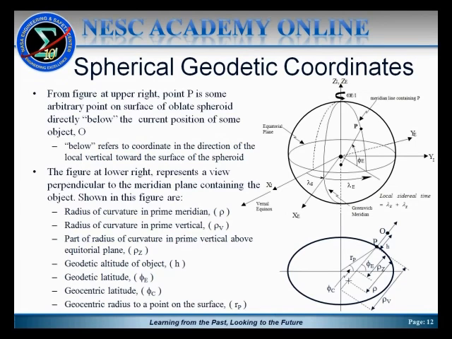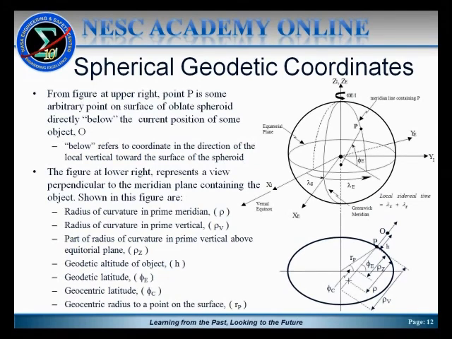The radius of curvature in the prime vertical is what's designated as rho v, and that's nothing more than the extension through that radius of curvature from point P to where it intersects with the vertical axis, which is the axis of rotation of the oblate spheroid. The part of the radius of curvature in the prime vertical that's above the equatorial plane, that's designated by rho sub z, and is also shown there.